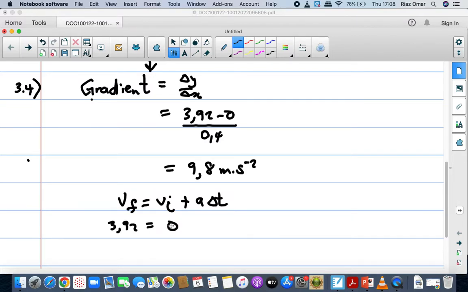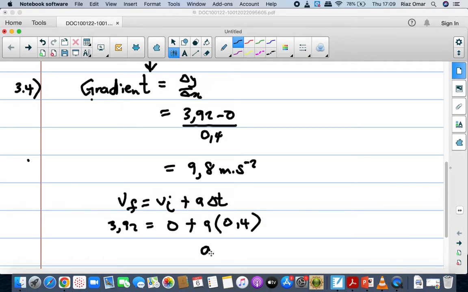Your initial velocity is 0, plus you're working out your acceleration due to gravity, and your time of contact, or the time that it was on the ground, was 0,4 seconds.